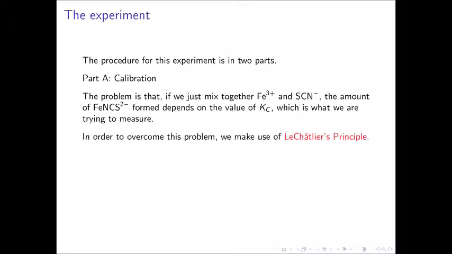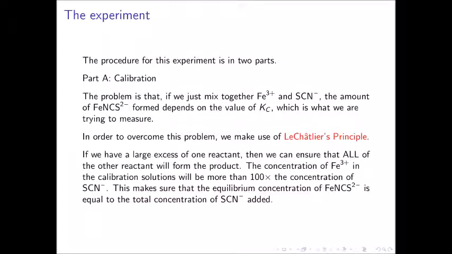In order to overcome this problem, we make use of what's known as Le Chatelier's principle. This tells us that if we have an abundance of either a reactant or a product, the reaction will move in the opposite direction to use up that abundance. In this case, if we have a large excess of one reactant, then we can ensure that all of the other reactant will form the product.